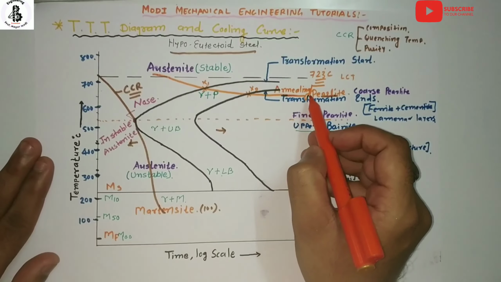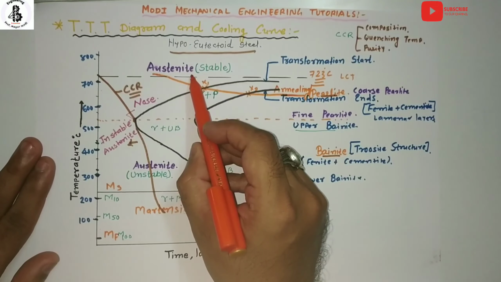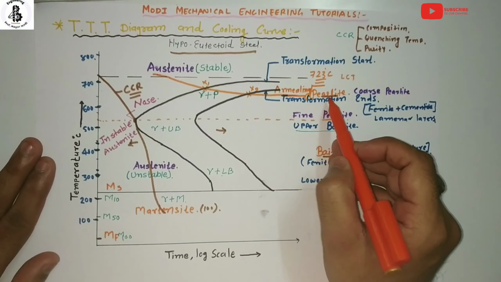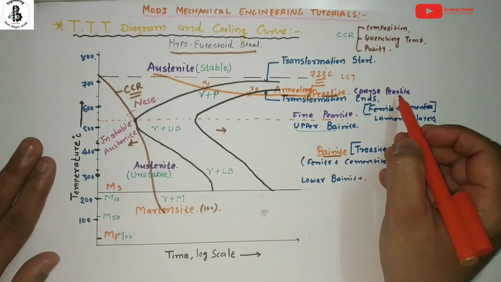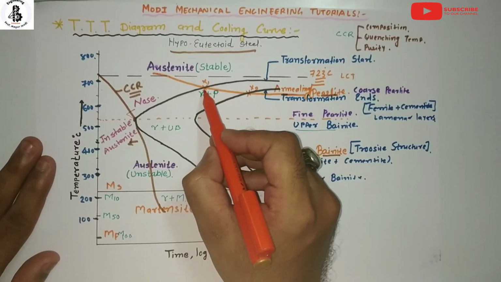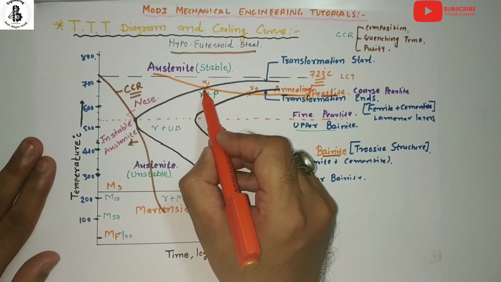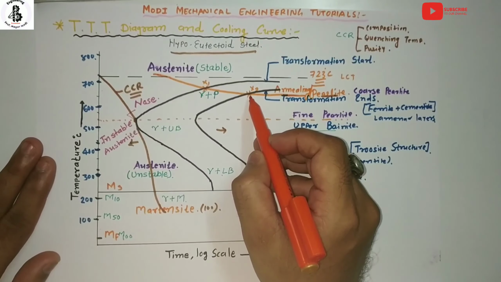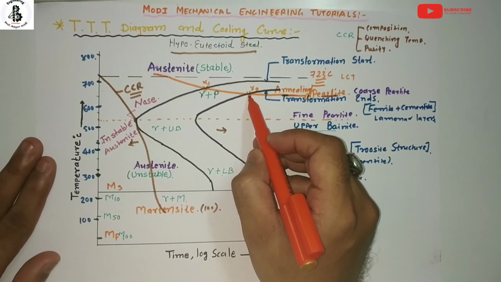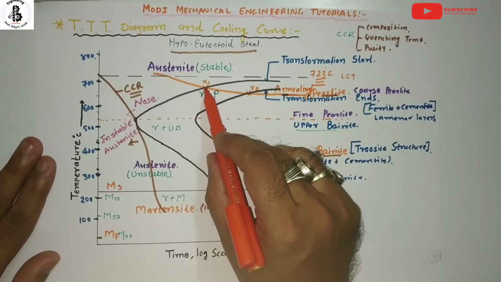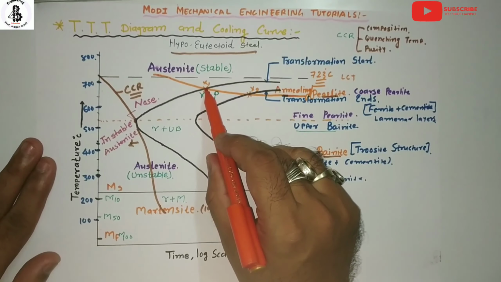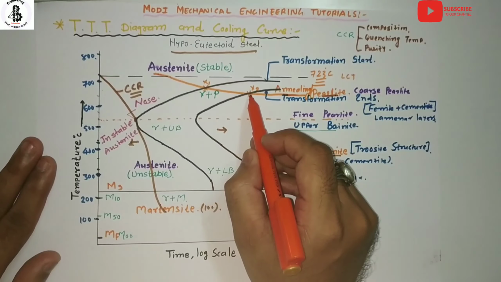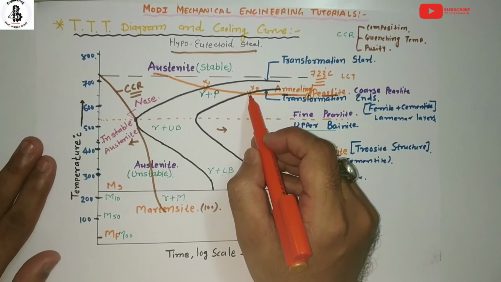At this cooling rate, the stable austenite transforms into coarse pearlite. The curve intersects the transformation start at x1 and the transformation end at x2. In between, it is 100% austenite, which then converts into a 100% coarse pearlitic structure.